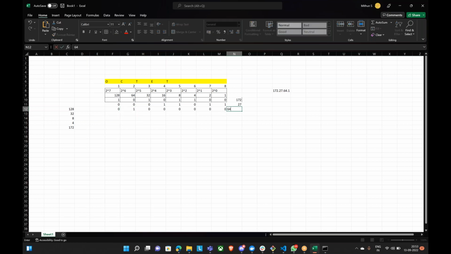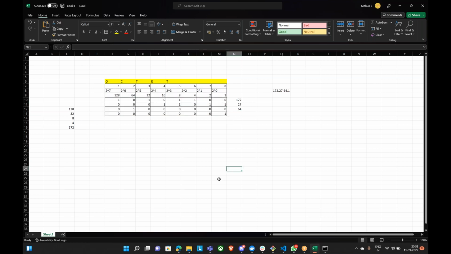Then I'll get 64. And 1 is very easy. This will be 1 and the rest everything will be 0. Is this clear?